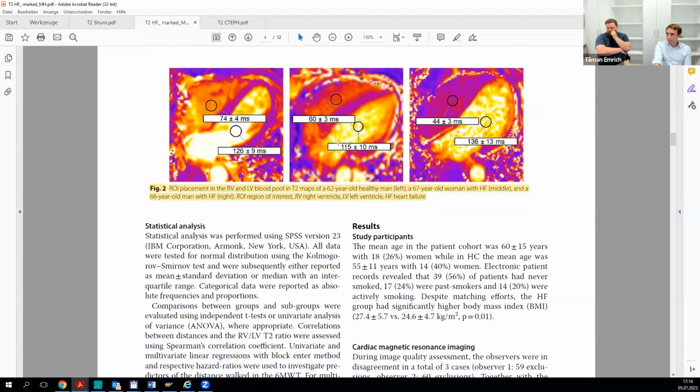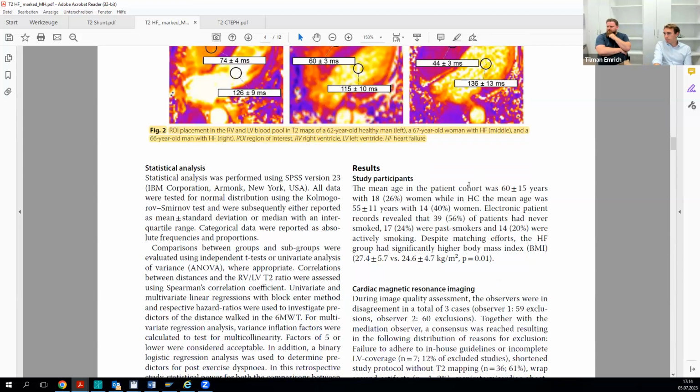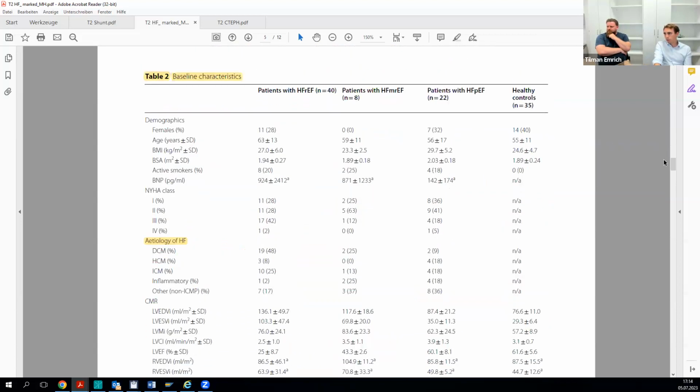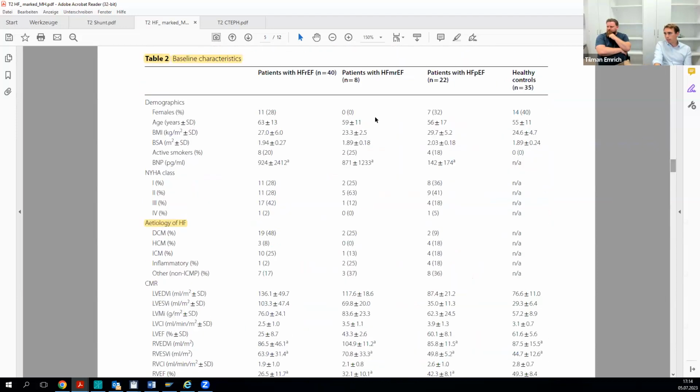So then you can ask what's the difference between the middle patient and the patient on the right, and if we see a difference here, is that something that translates into 6-minute walking tests or functional capacity of that patient actually? And luckily we were able to show exactly that. And let me scroll down here. So this is the typical assessment of heart failure. You do the reduced ejection fraction, mild reduced, and the preserved ejection fraction.